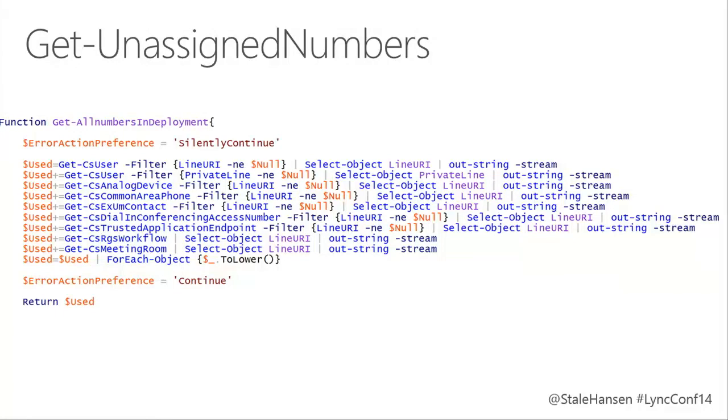You have silent error handling there because it's just a simple get commandlet, and if you don't have any users deployed, or you don't have any meeting rooms, it will give an error that you're trying to do something that's not there. So that's why I disabled error action.